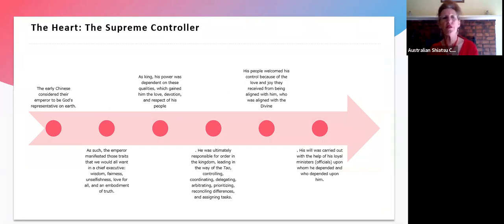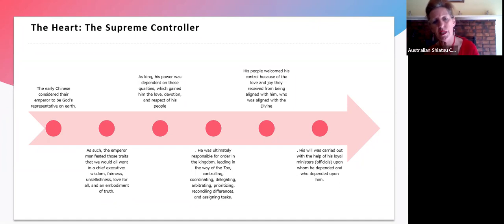It's seen as the supreme controller, and they considered the heart to be the emperor, to be the primary representation of heaven. And as such, the emperor had these traits which were like a chief executive, one of wisdom and fairness, of unselfishness, love for all, and an embodiment of truth.